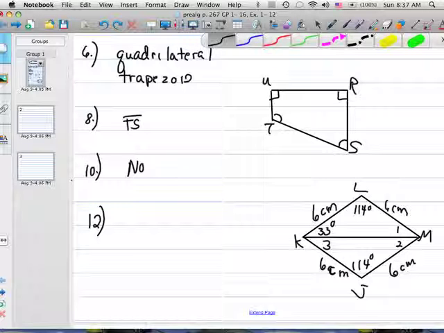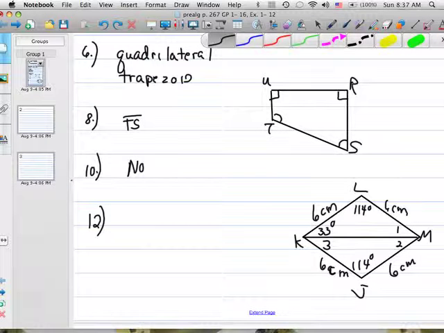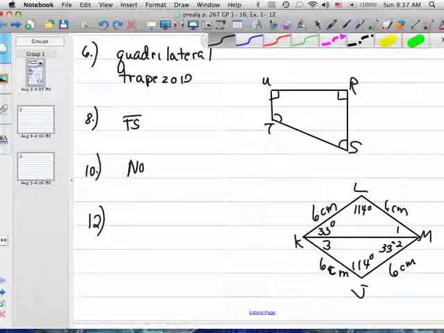This line KL is parallel to JK, and this is a transversal. So angles on either side of the transversal interior, they'd be alternate interior angles. This is 33 degrees also. So if I need to find angle 1 or angle 3, I can use the triangle. Sum of angles is 180.